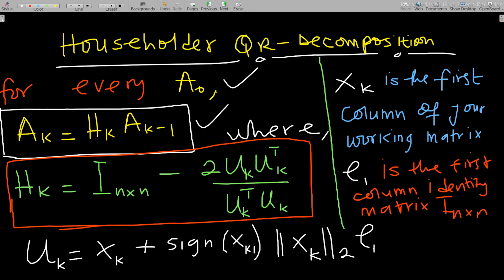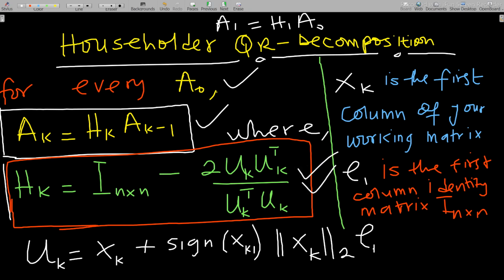So if I want to find my A1, it will be equal to H1 times A naught. So I have to find what my H1 is, because A naught will always be given. But for every H_K, we have this formula here, the formula in the red box.